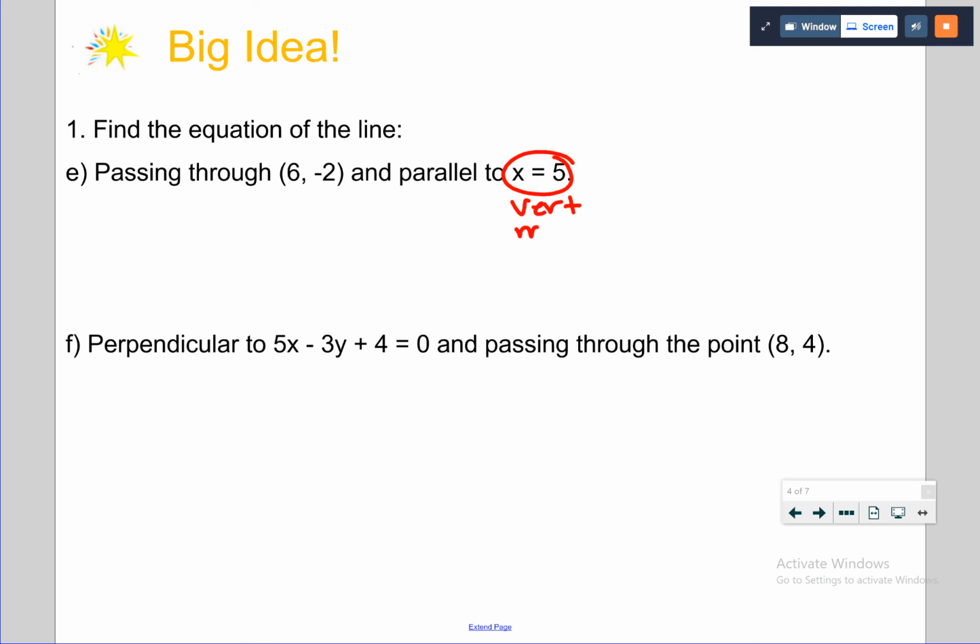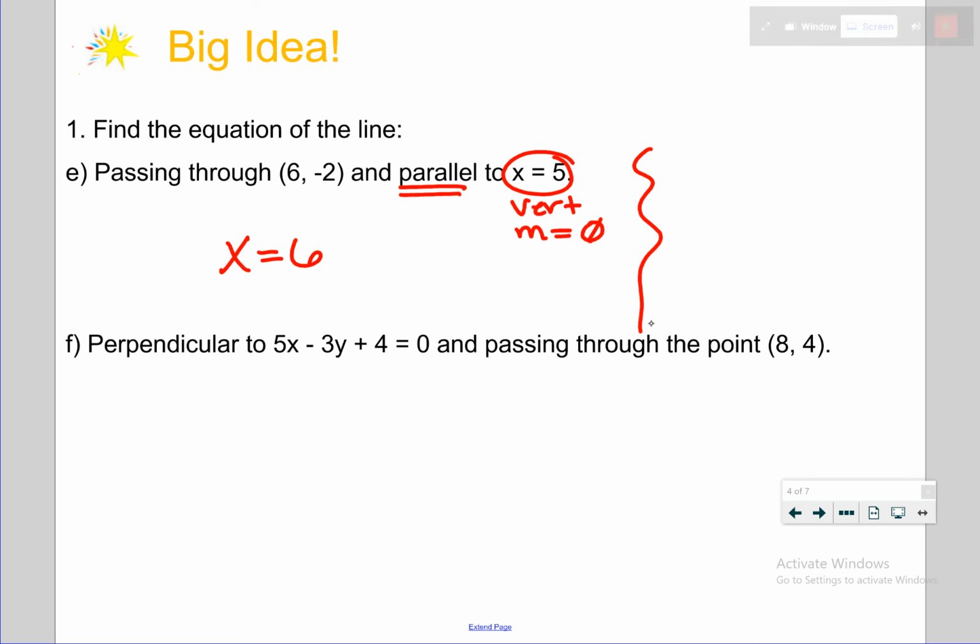And its slope is? Does an undefined slope mean the line is undefined? No, okay? So we're just going to keep in mind we have a vertical line. And we want something parallel to a vertical line. What else is parallel to a vertical line? Another vertical line. So what's my answer going to look like? X equals something, and I wanted to go through that point, so x must equal 6.